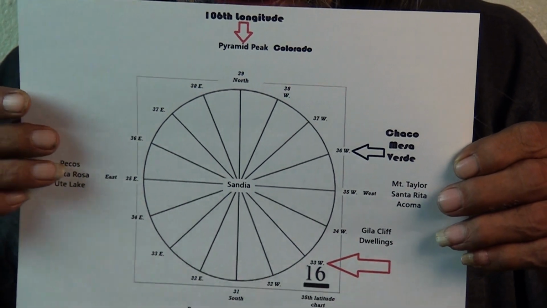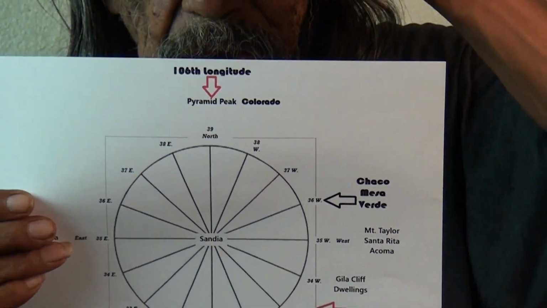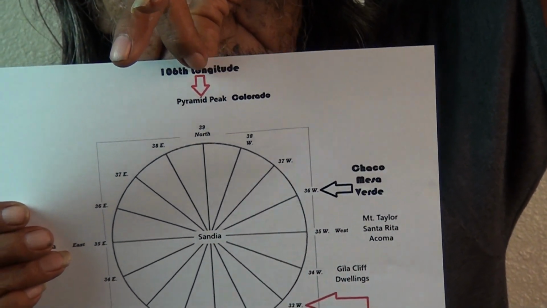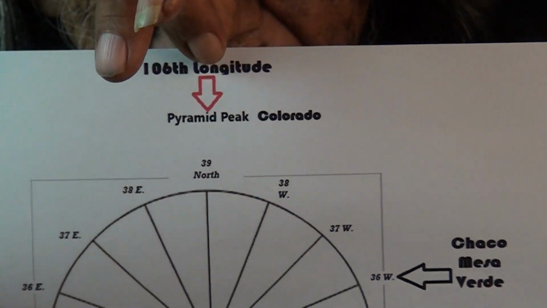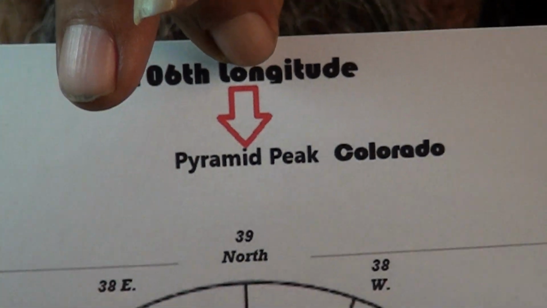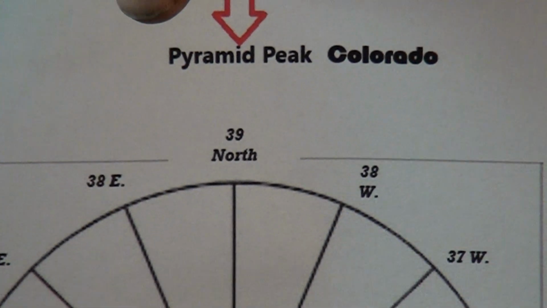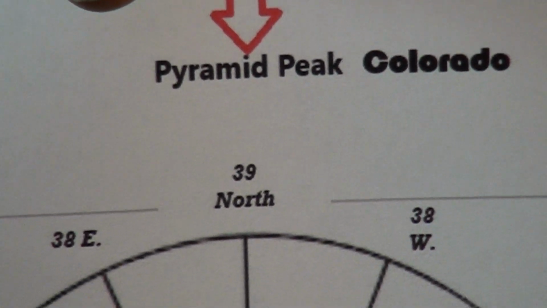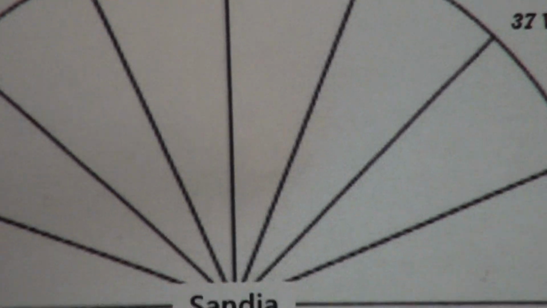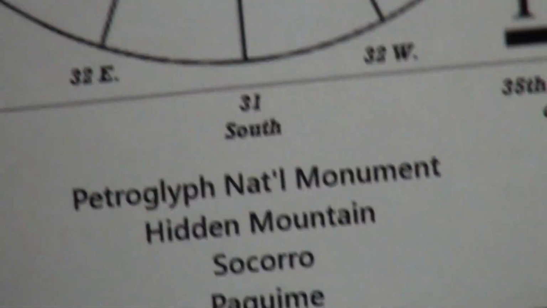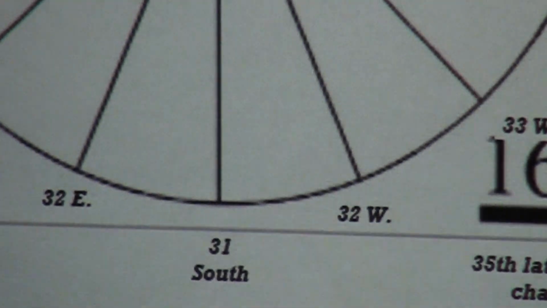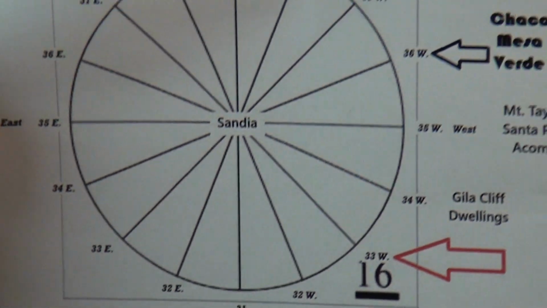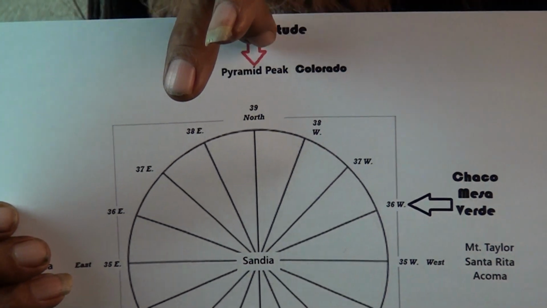And where is the longitude? The longitude is located right where this red arrow is. And what is it? It's the 106th longitude. If you go on a globe or an atlas or Google Maps and look down on 106 degrees longitude, you'll find out that it goes to a place called Pyramid Peak.